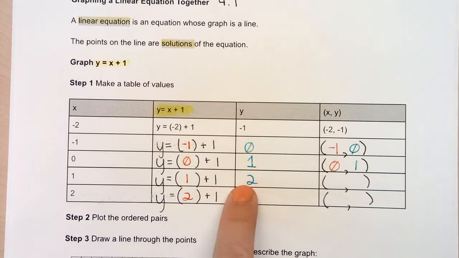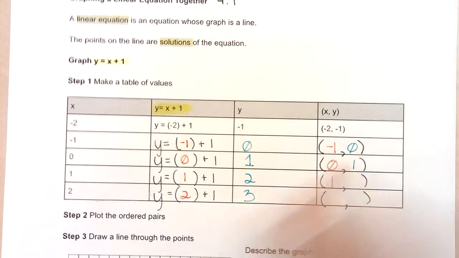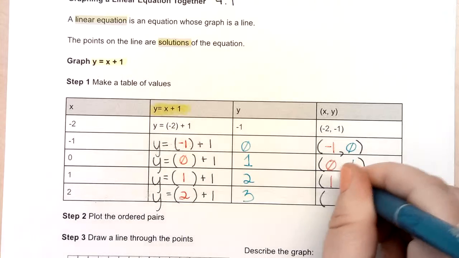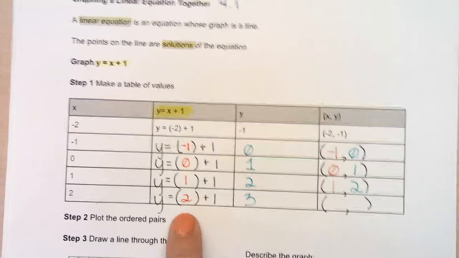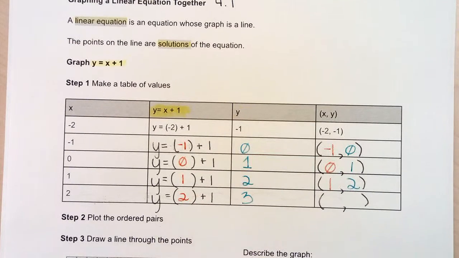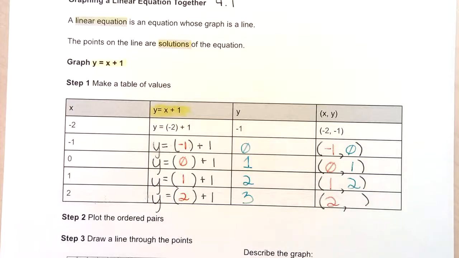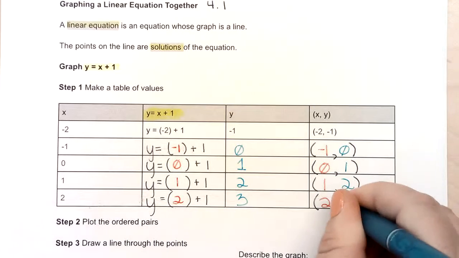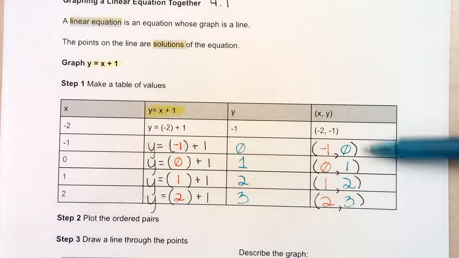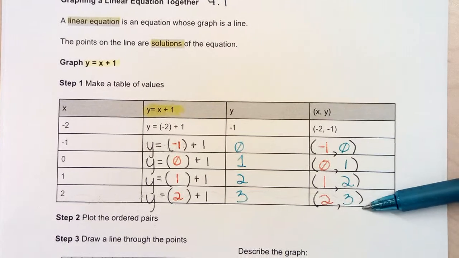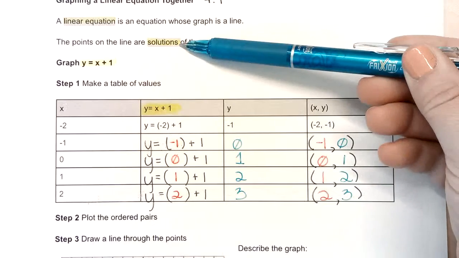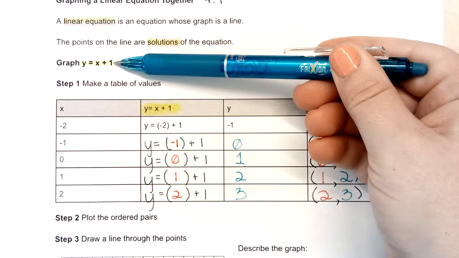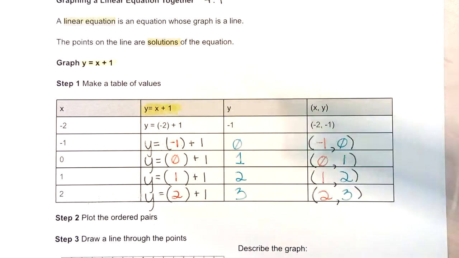And 1, 2. And 2, 3. So these ordered pairs that we got are solutions of this linear equation.